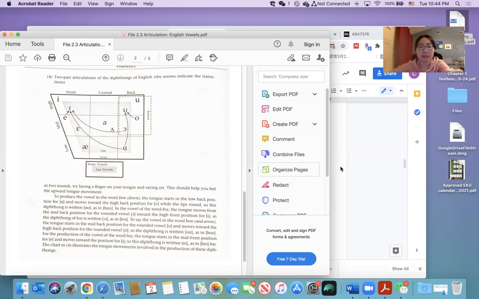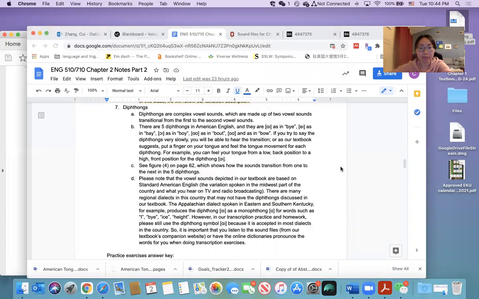Okay, for example, in Appalachian English, the diphthong ai is often reduced to a monophthong a, such as in the words eyes, or I, or high, or height. Okay, if you look at my notes, you have several examples here, right?